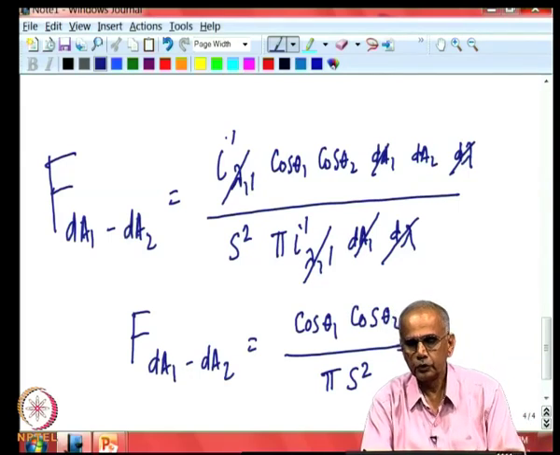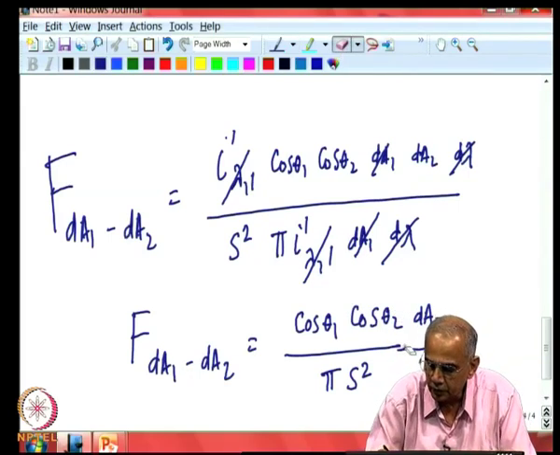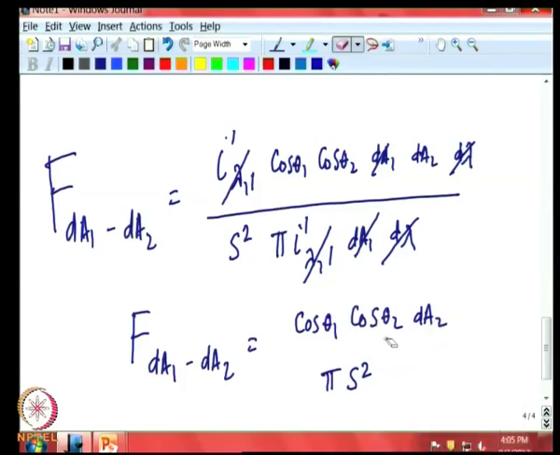You should notice that this is a non-dimensional number because it represents a fraction, and it depends only on the angles theta 1, theta 2, area of surface 2 and the distance. So, it is a very simple relation.